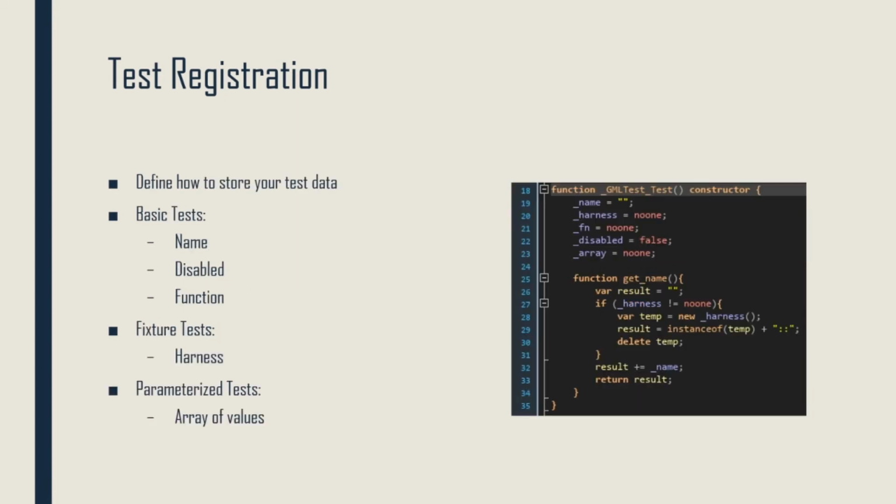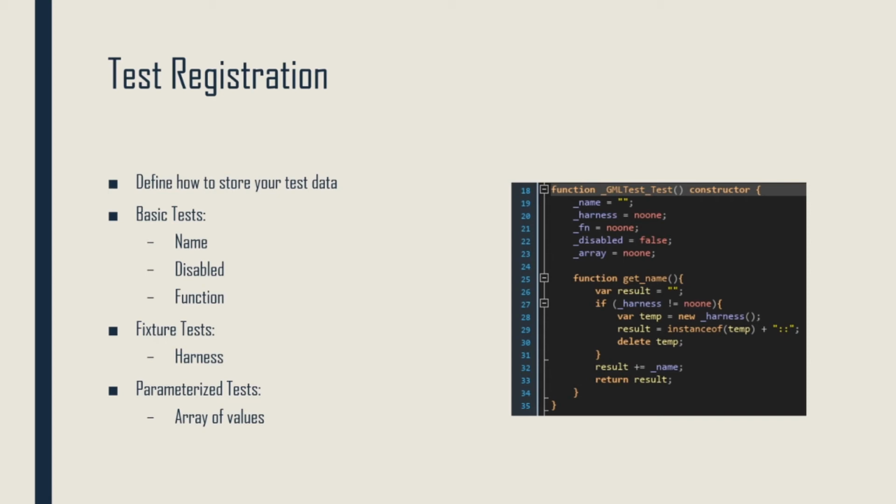As for defining the test data, you have to decide on this very early about how you're going to do it. In this case, I have a struct and a basic test. As I showed earlier on, it has a name, it has a function, and in this case, it also has if it's disabled or not.